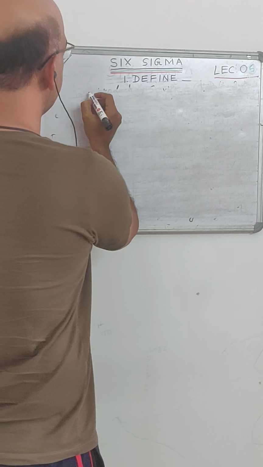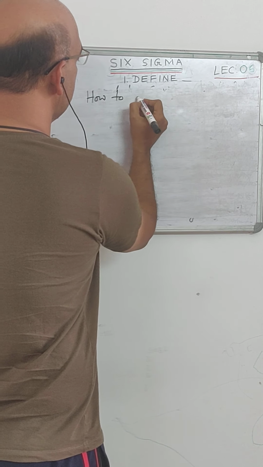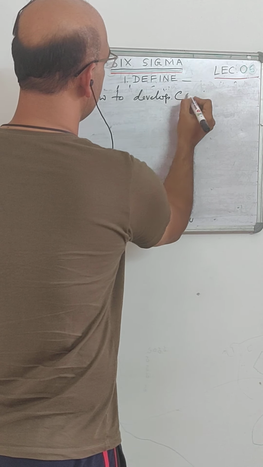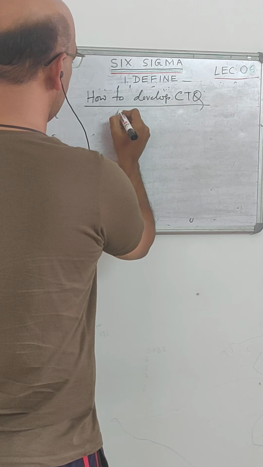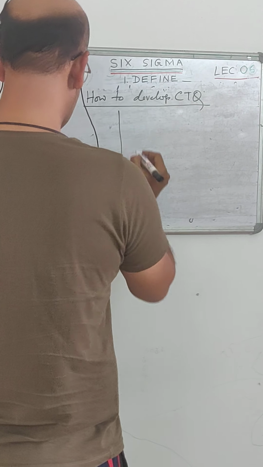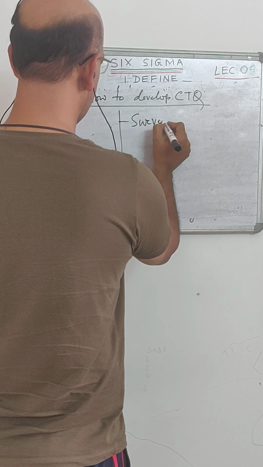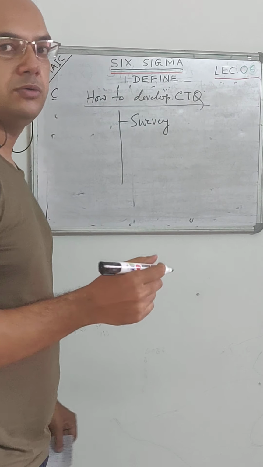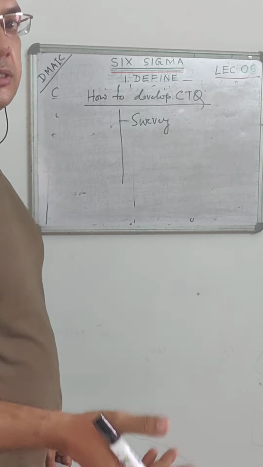So how to get CTQ? How to develop it? There are so many processes, like one is survey. In survey, as I told, we can have a marketing survey, internal survey, like questionnaires.